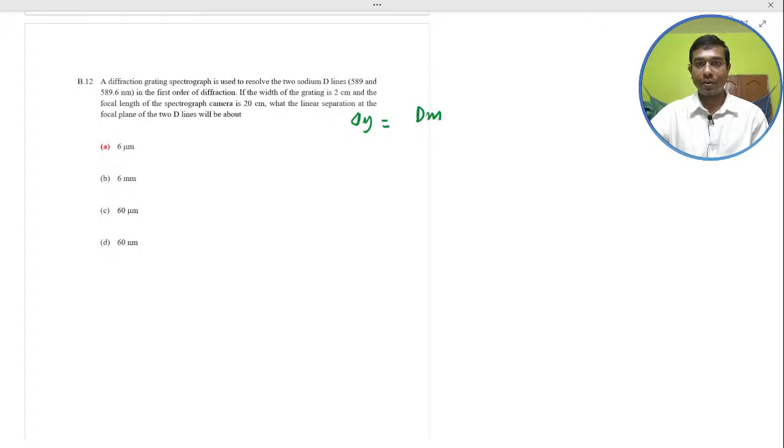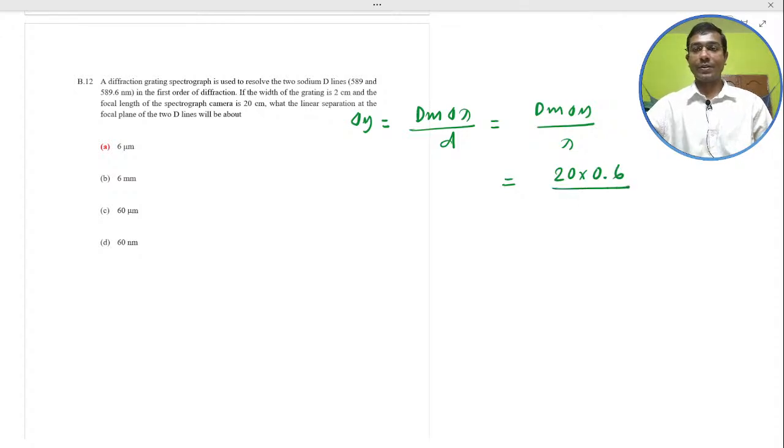Del y equal to dm delta lambda divided by d. This is nothing but dm delta lambda by lambda. Put this value 20 into 0.6 divided by 589 nanometer. This will become 6 micrometer. Option A would be the correct.